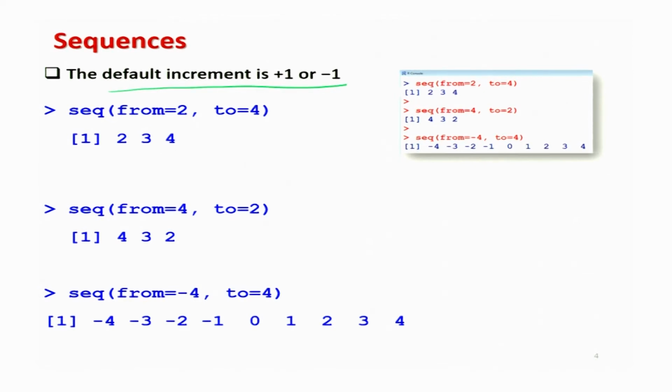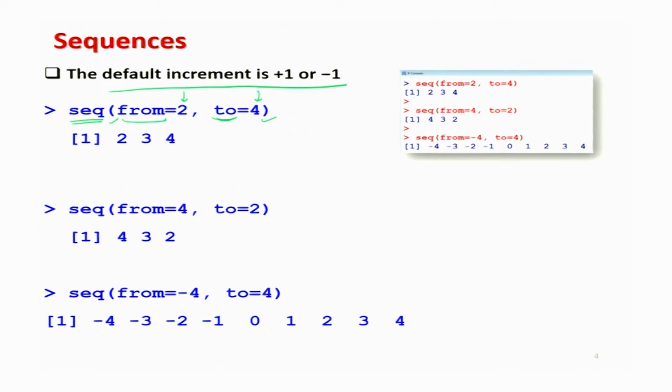If you want to generate such a sequence, then you write SEQ, and inside the parenthesis you write from equal to whatever value you want to start the sequence from, and then to equal to whatever point up to which you want the sequence.